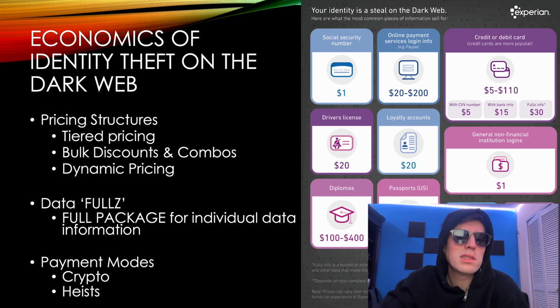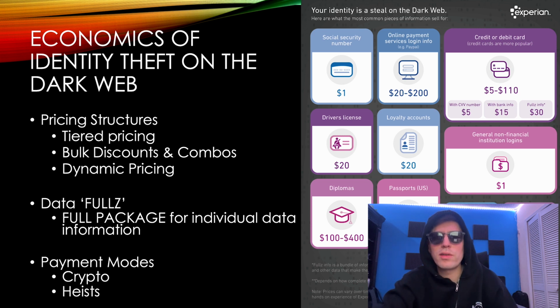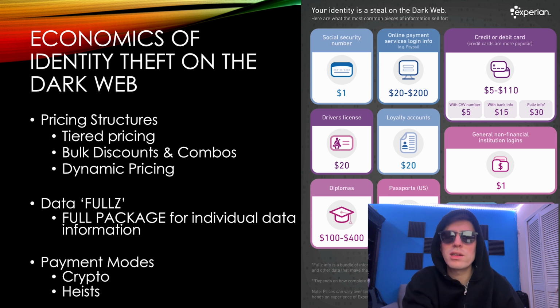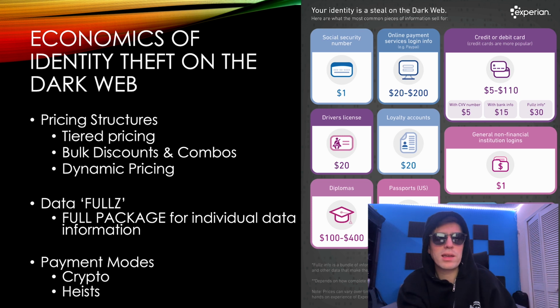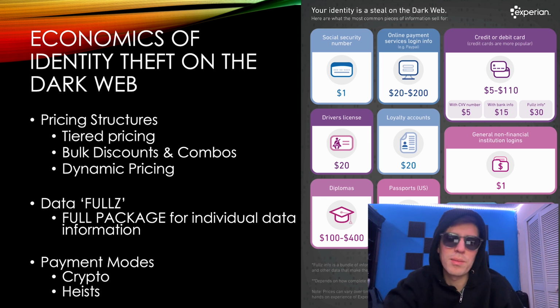Now, when I talk about heists, sometimes they offer a heist, which is like a heist in real life where you rob a bank and get money. Some people set up online heists to get more information, maybe when hackers are having trouble getting information on someone. So they say, okay, I'll give you a full package, or whatever you want, just give me information on this guy. So that's one way.